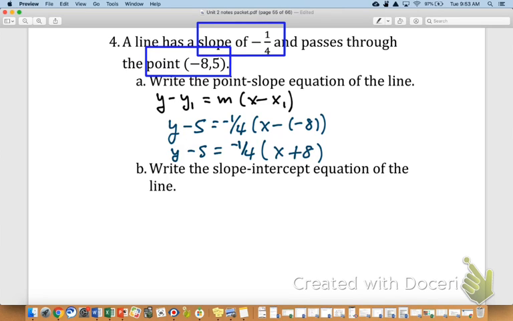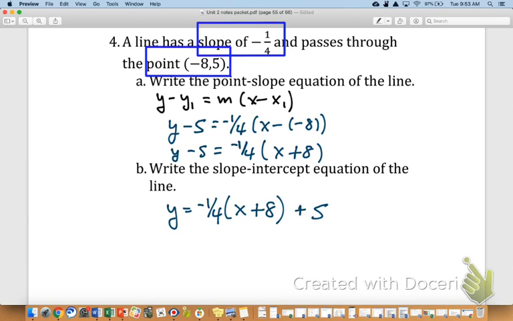What about for B? How do you think I could get that to slope-intercept form? What would be a good first step? You would do y equals negative 1/4 times x plus 8, and then plus 5. What would I need to do with the negative 1/4 to get all the way to slope-intercept? Multiply it through.